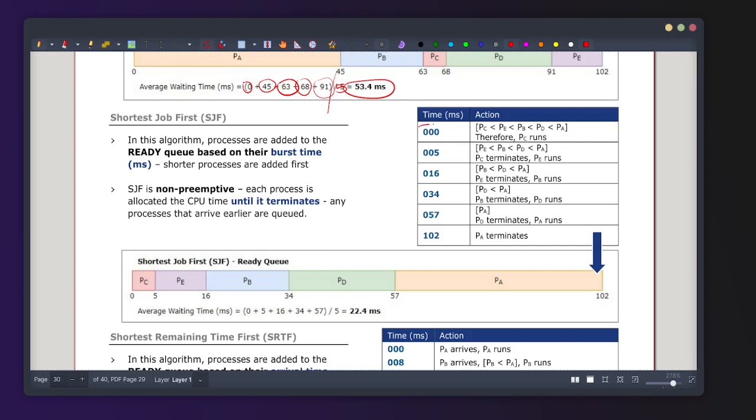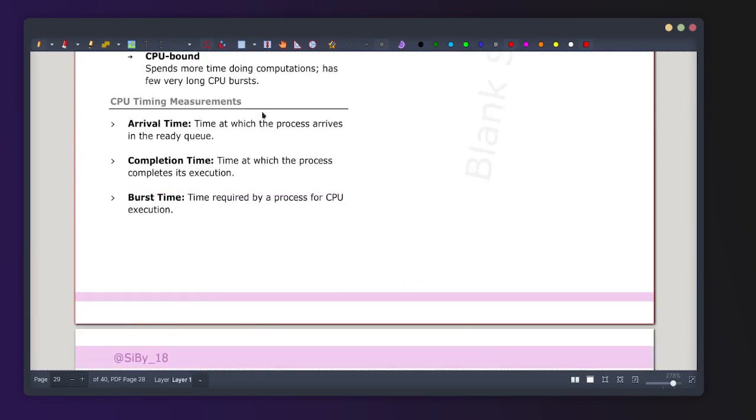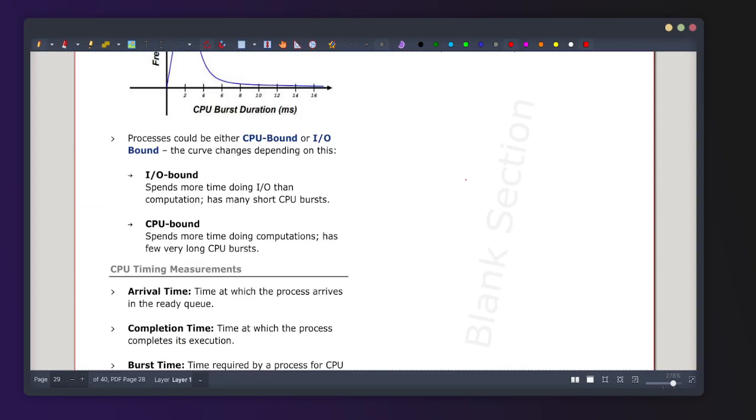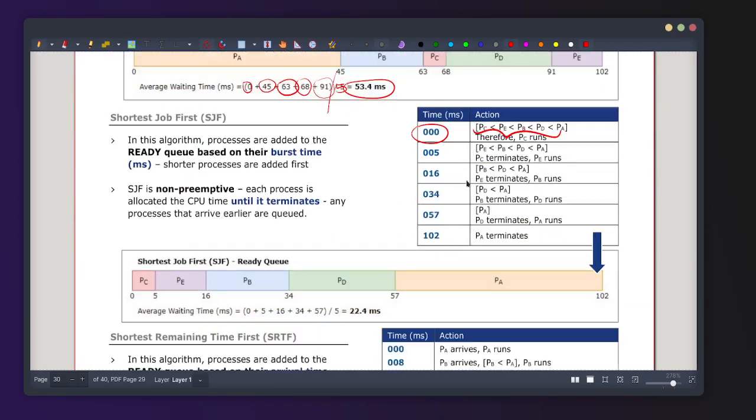So at time 0, all processes are there. But ask yourself, which of these 5 processes runs in the shortest time? If you look at the table above, which of these 5 processes has the shortest burst time? Process C, right? So in the shortest job first algorithm, process C will execute first. And then after 5 milliseconds, it would have finished executing.